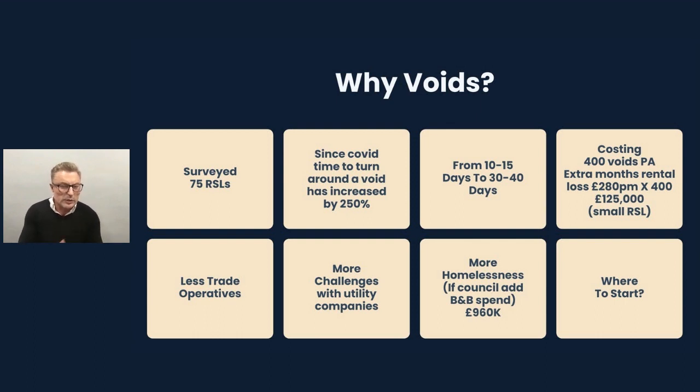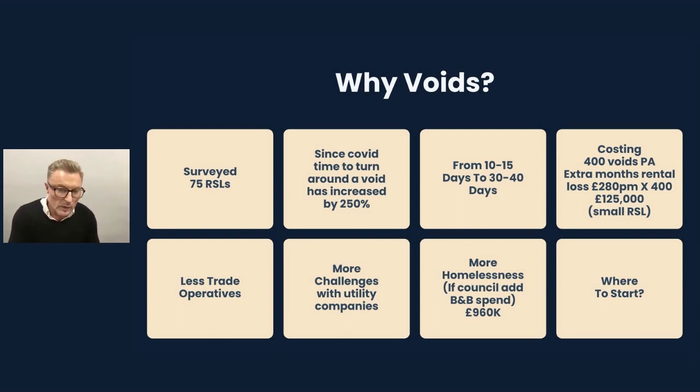So what are the issues? There are fewer trade operatives about since COVID, and fewer willing to do multi-skilled roles. We find that in many RSLs. There are a lot of challenges with utility companies in switching from one tenant over to another, and also lots of challenges with more and more homelessness.